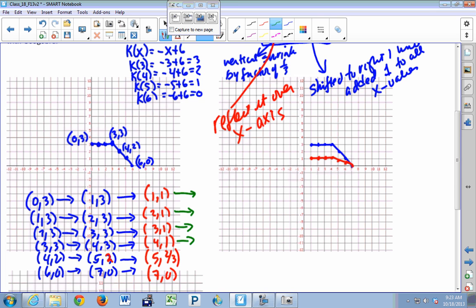The x values stay exactly the same and the y values just switch to their opposite. So I get (1, -1), (2, -1), (3, -1), (4, -1), (5, -2/3), and (7, 0). Now I just come down here to -1, and then walk my way back into 0. There we go.